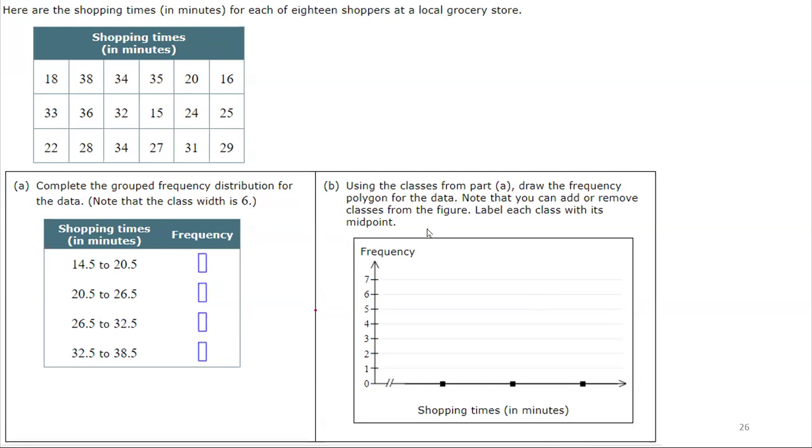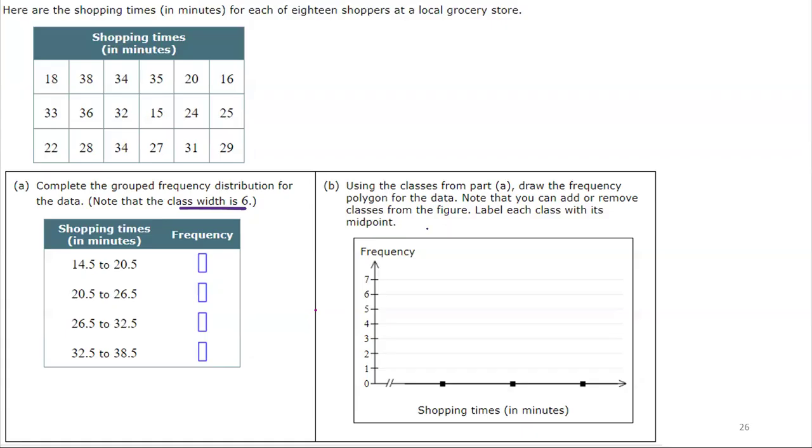All right, so let's first talk about the class width. This one's a little bit different. Remember we were talking about in the previous problems, it counted the first one as part of the class width, all the way to the last number. For this one, for these types of problems, they're just subtracting.